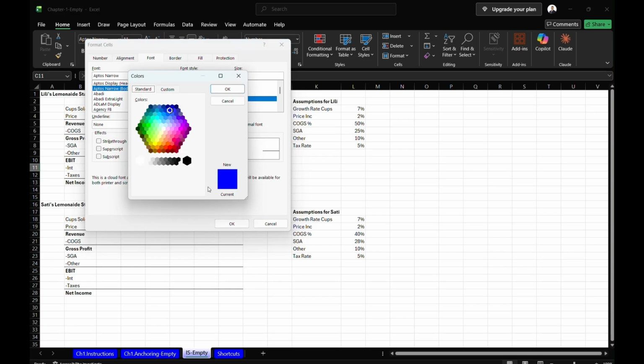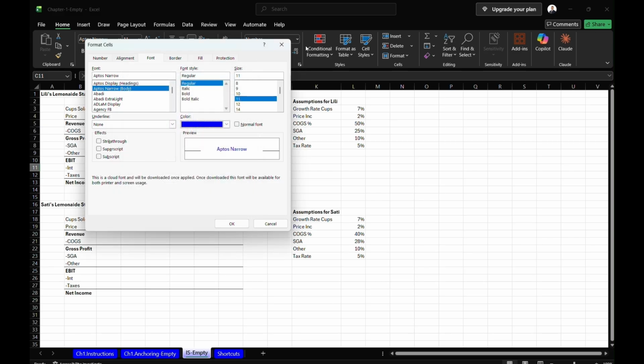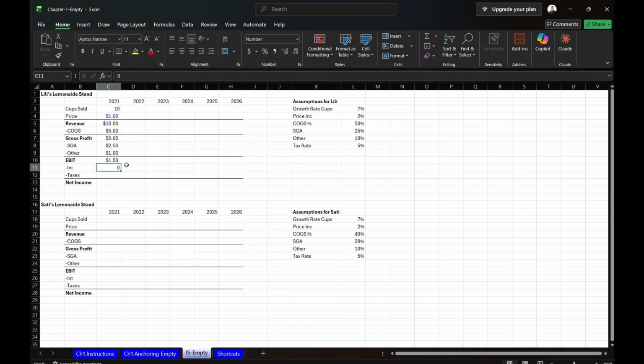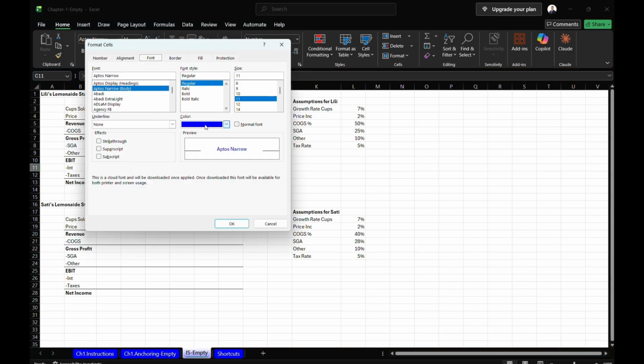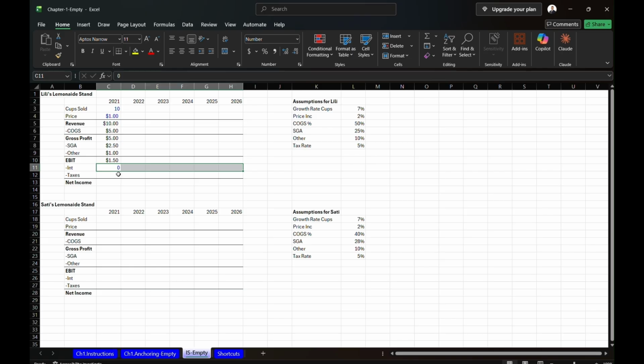So if I click more colors here, this one here, custom, is 00255. That's our custom blue color. I'm just going to exit out of this. And I want to make sure that this formatting is applied to this whole row. If I highlight it, Control 1, and clearly it is. So I'm going to click OK.